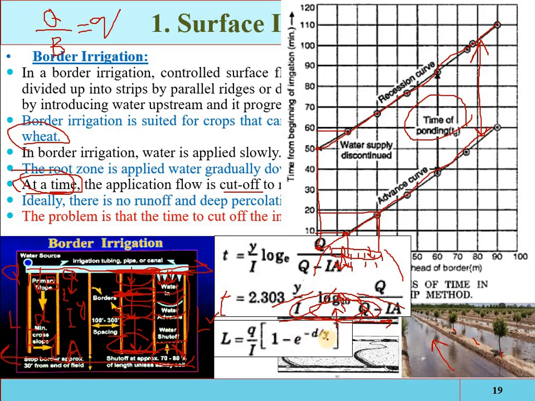Y is the average depth of the sheet of flowing water, d is the depth of irrigation which we have to apply in one irrigation, Q is the unit discharge per unit width, and I is the infiltration rate. So this unit discharge will be efficient for this much length. That is the design parameter.